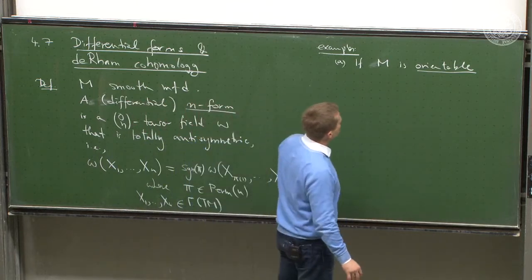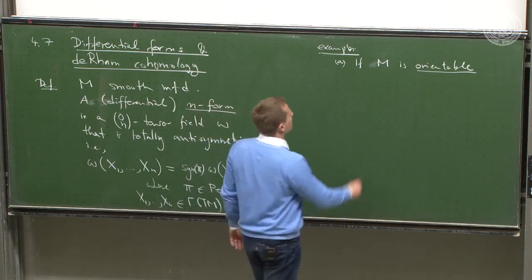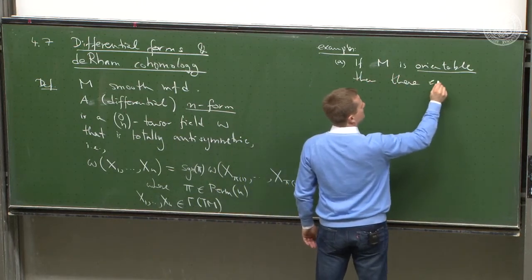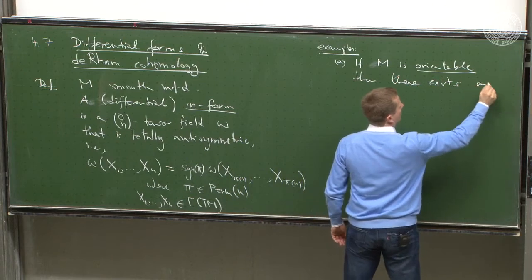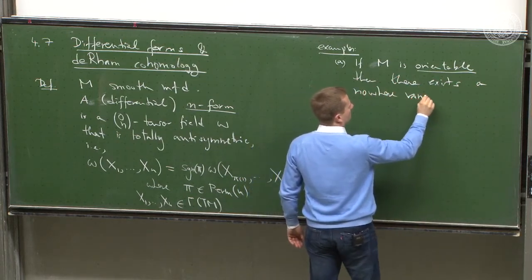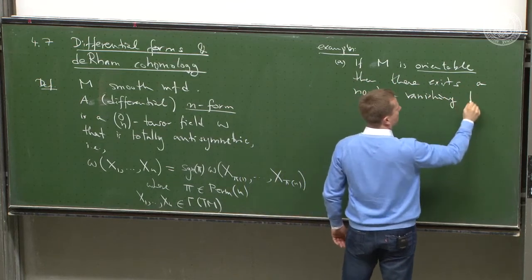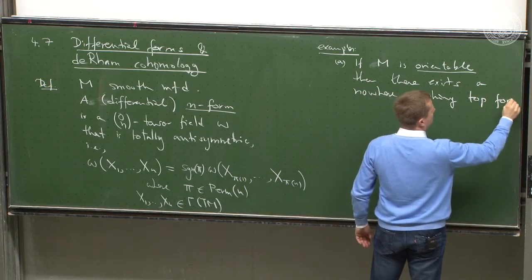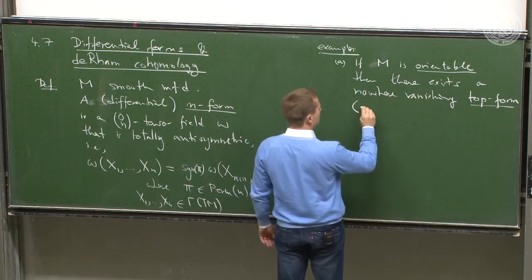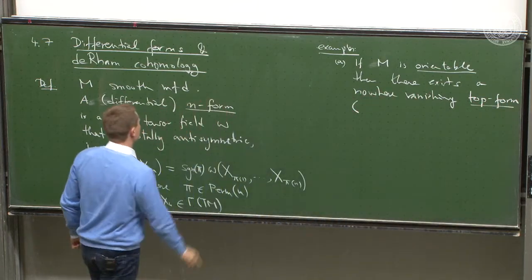I put this on a problem sheet. If M is orientable, then there exists a nowhere vanishing top form.